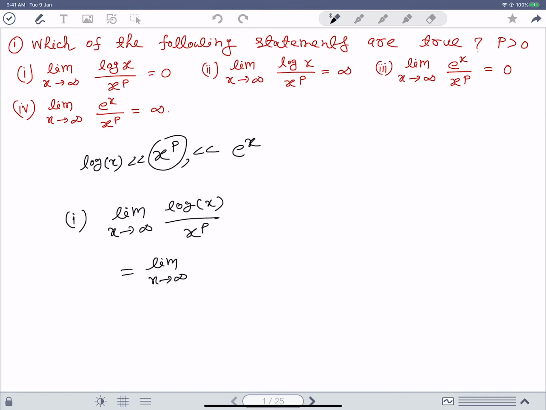The derivative of log x is 1 by x, so we have x to the power minus 1, and the second one will be x to the power p minus 1, right. So, that will be the limit as x tends to infinity of 1 by x to the power p. So, that is 0, right. So the second one is wrong, and this one is true.